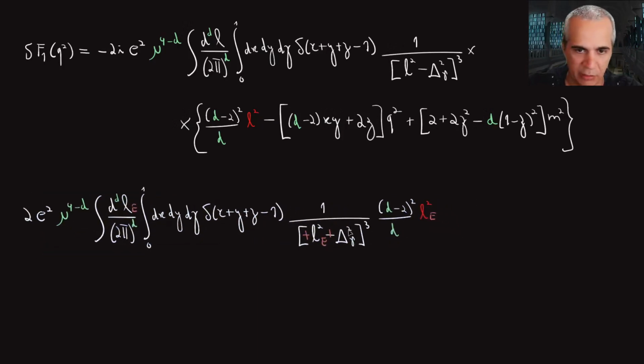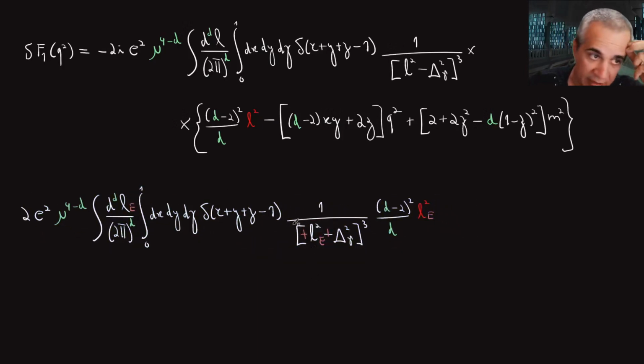Now I want to calculate these integrals, right? We have formulas for these that we have derived in previous videos, so we can use those to do the integral in the Euclidean L here.